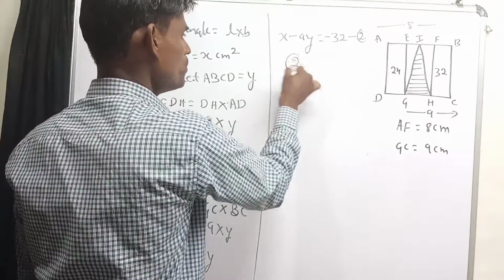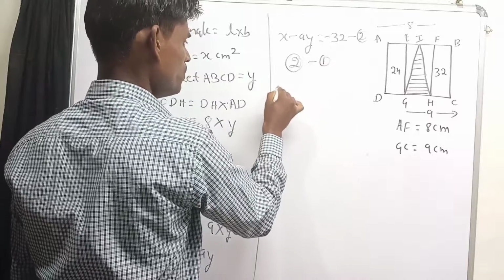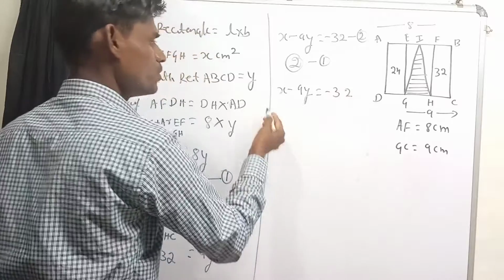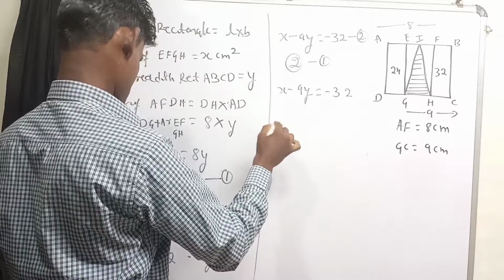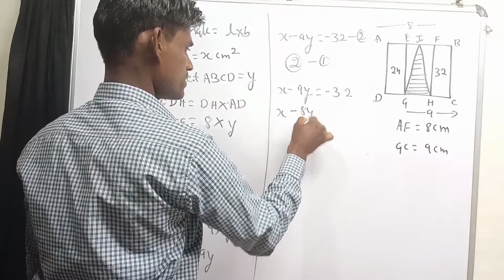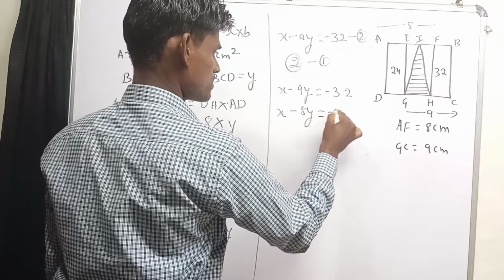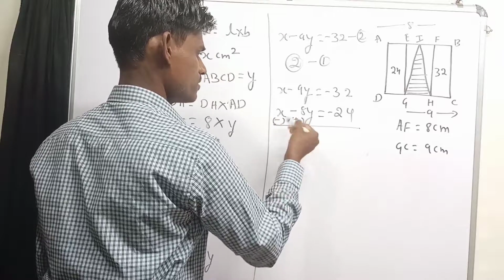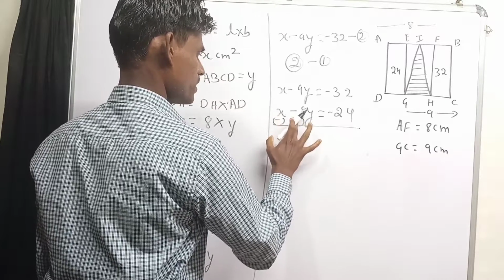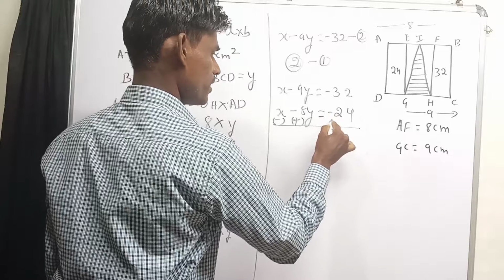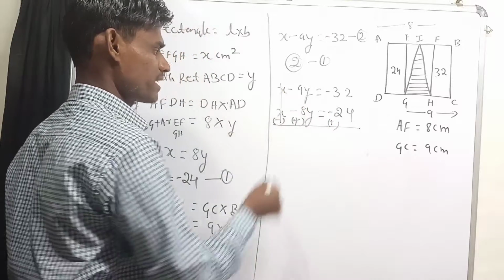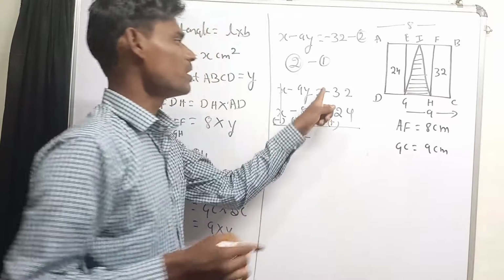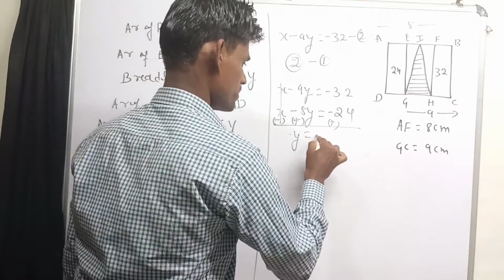Now I'm going to do equation 2 minus 1. So x minus 9y equals minus 32, then x minus 8y equals minus 24. Now this plus becomes minus, minus becomes plus, plus x minus x get cancelled, and minus 9y plus 8y means minus y equals minus 32 plus 24, which is minus 8.